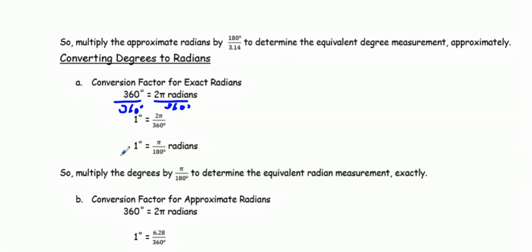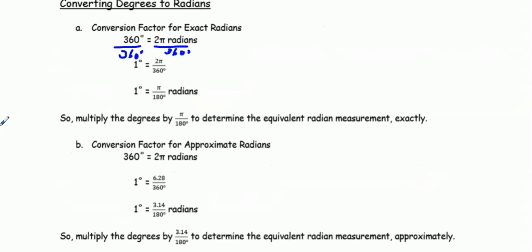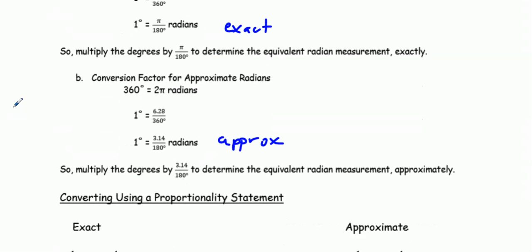I would multiply whatever degree I'm trying to convert, say it's 50, times pi over 180 to get the equivalent in radians. And again, we do that for exact, pi over 180. For approximate, instead of pi, we'll use 3.14. That's one method to use to convert from degrees to radians and radians to degrees. We'll do some examples in a second.